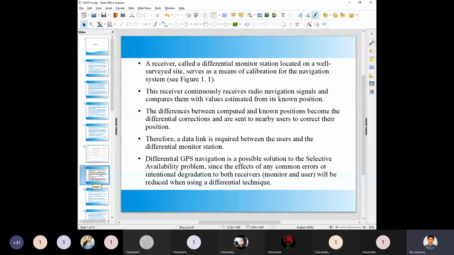The differences between computed and known positions become the differential corrections, and are sent to nearby users to correct their positions.